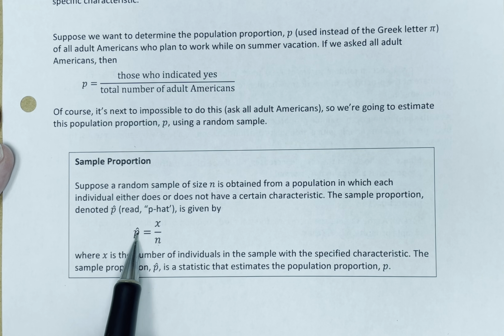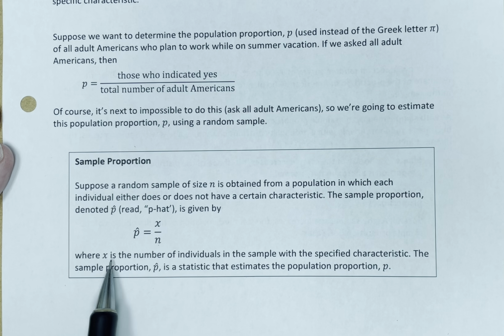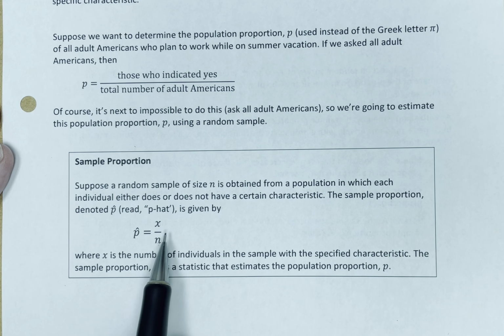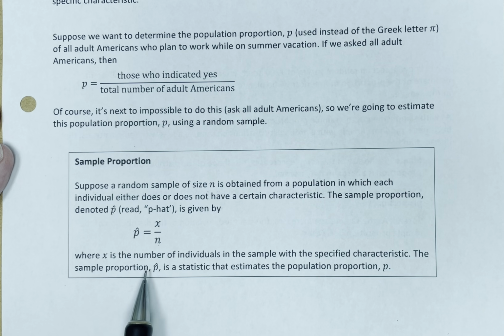P hat, the sample proportion, is X, the number of individuals in the sample with the characteristic, divided by the size of the sample. The sample proportion P hat is a statistic that estimates the population proportion P, which is a parameter.